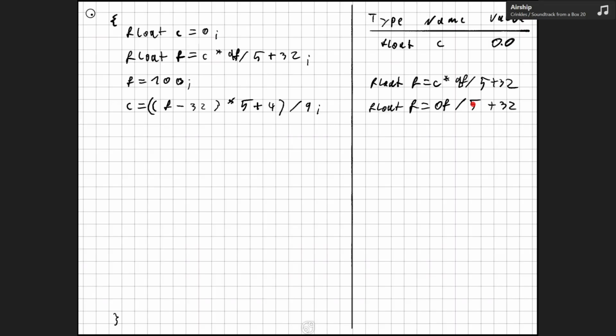It's not treating the 5 as a float. That's important. Up here, we converted the 9 into a float. The 9 in the program itself always is a float. There's no conversion necessary. The 5 is in the program an integer. But during runtime, the computer will understand this is float divided by int, and it will convert that to a float.